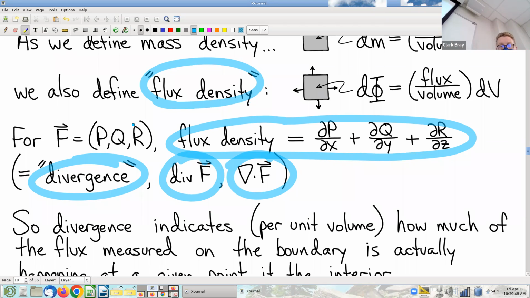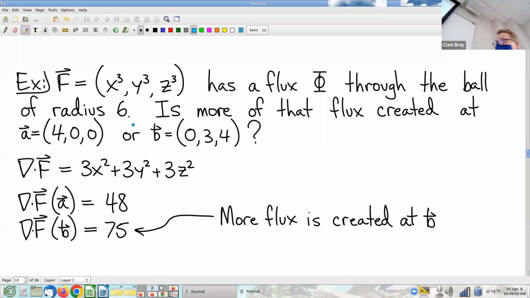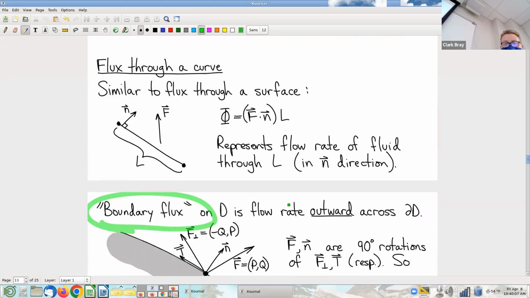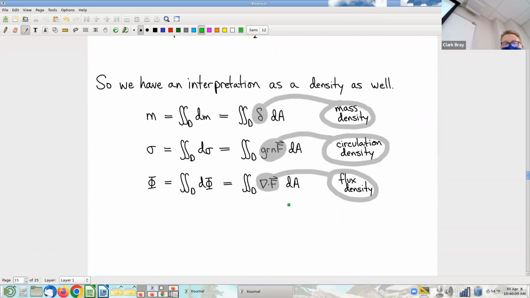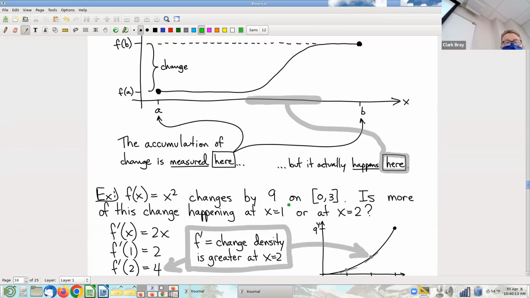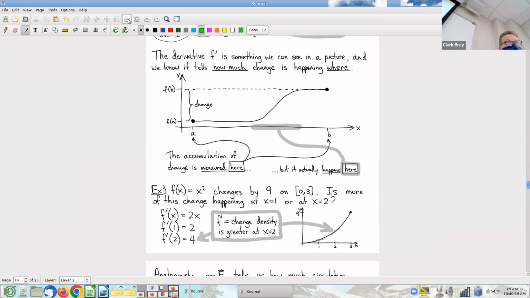All right. So now, just before we wrap it all up and state the theorem and start doing examples, let me show you that just like we did with Green's theorem, divergence can literally tell you how much flux is happening in a given place. I want to flip back over to the Green's theorem section, and I have to find where I put this. Oh yeah, it was the comparison here. You remember this discussion, I hope, where I compare to the fundamental theorem of calculus.